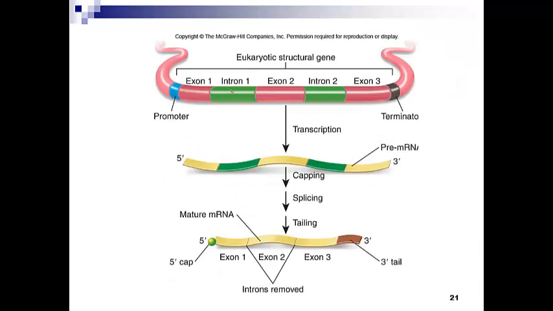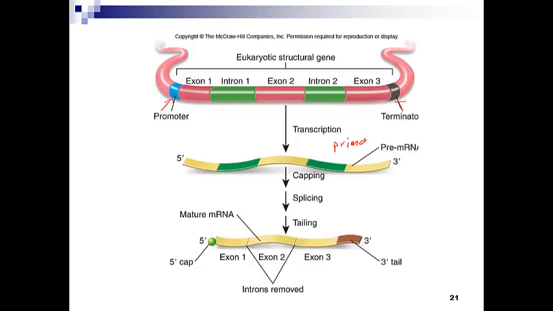So here it is. Here's a eukaryotic structural gene that encodes for a protein. We can see the promoter region, the terminator region, and everything in between is part of that structural component. But it doesn't mean it's all coding, and I was very careful not to say that. So we're going to transcribe the whole thing. So all the sequences that correspond to exons 1, 2, and 3, as well as the sequences that are found in introns 1 and 2, are going to ultimately produce a primary transcript.